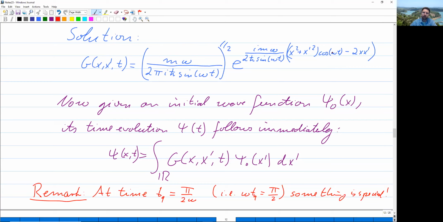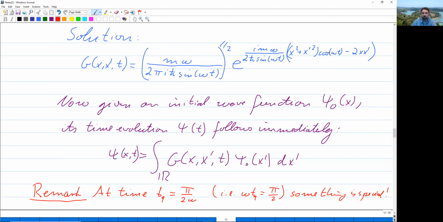And what happens when omega t is pi half? When omega t is pi half, which is to say at a quarter period, omega tq is pi half, which is to say tq is pi over 2 omega. What then happens is that the cosine which started out at 1, cosine of 0 is 1, becomes 0 after a quarter period.